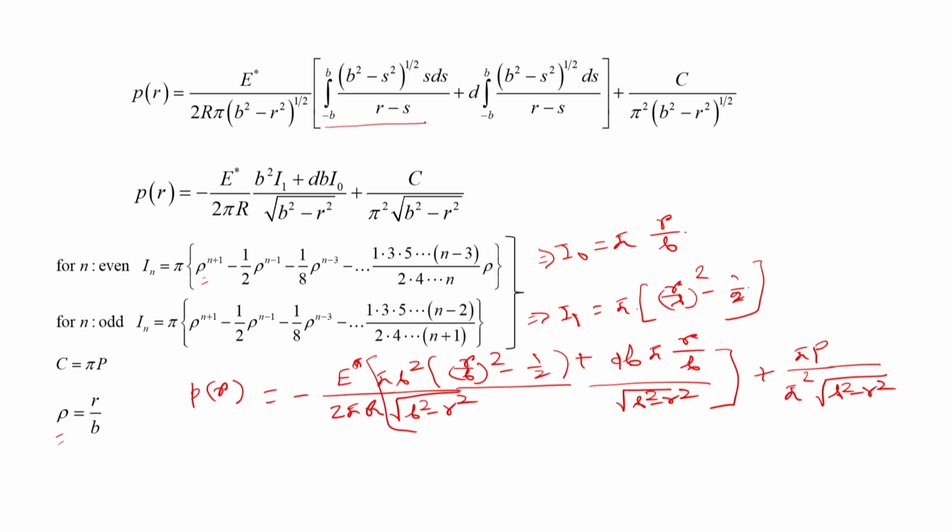So, here pi gets cancelled, and then this b square will go.